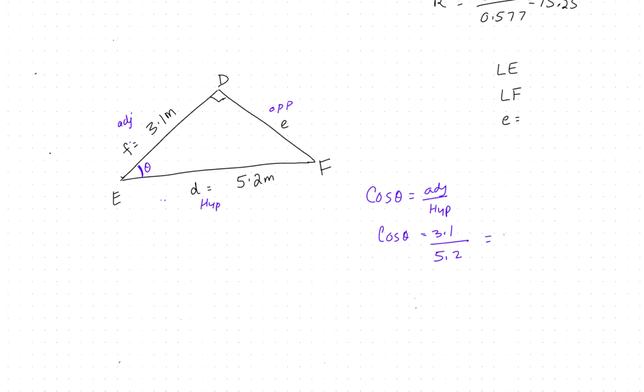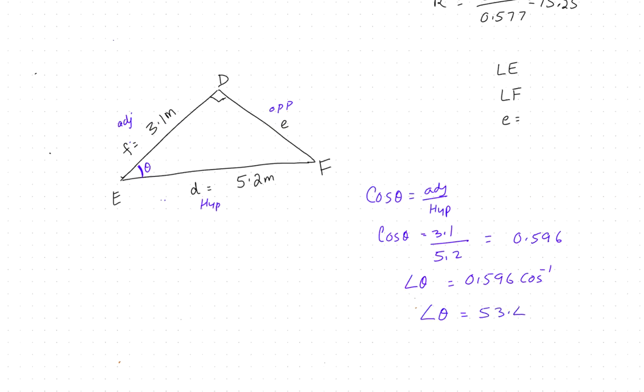So angle theta equals cos inverse of 0.596. So press second function and cos inverse of 0.596. So we get 53.4. The angle theta is 53.4.